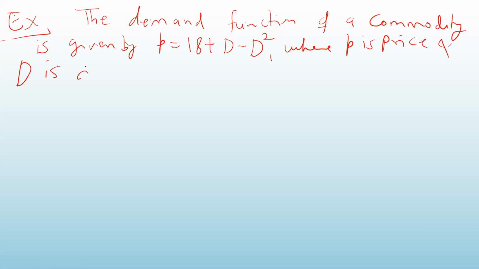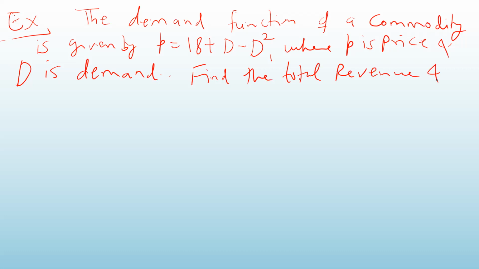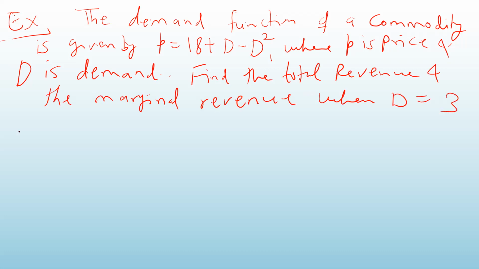D is demand. You have to find out the total revenue. दोनों निकालना है. Find the total revenue and the marginal revenue, both, when demand D is 3.